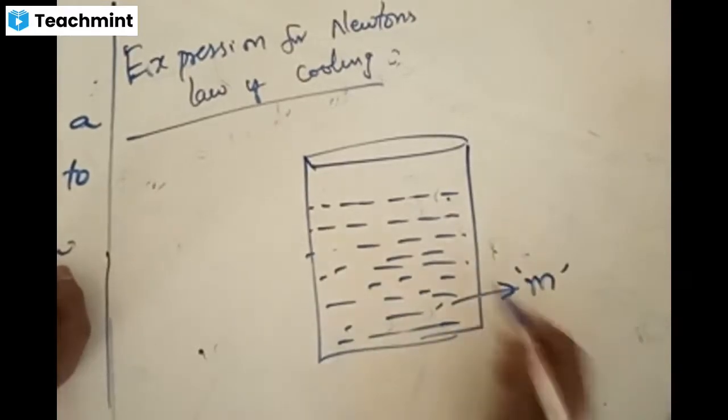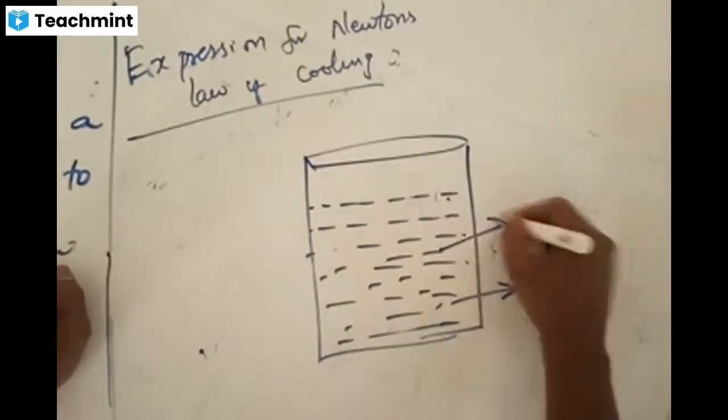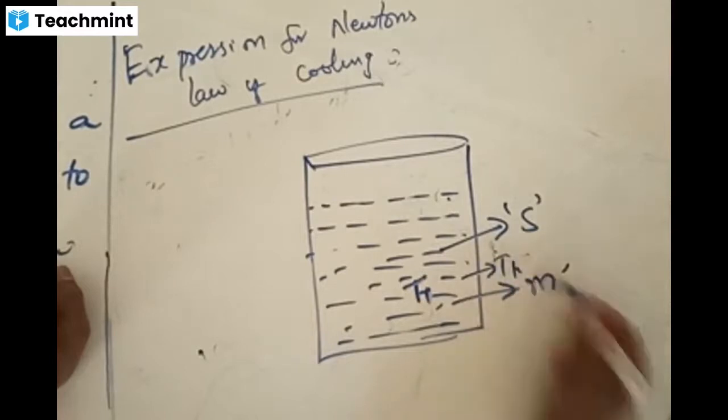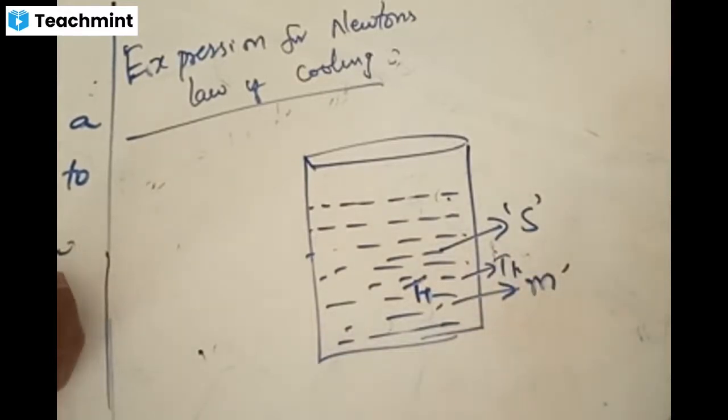How much mass is taken in this beaker? M. Let its specific heat be S. Let initially this be at a temperature of T1. What is the initial temperature without heating? Its temperature is at T1.